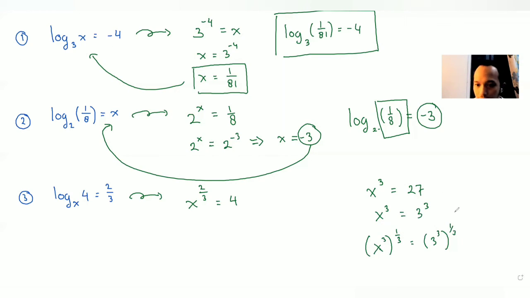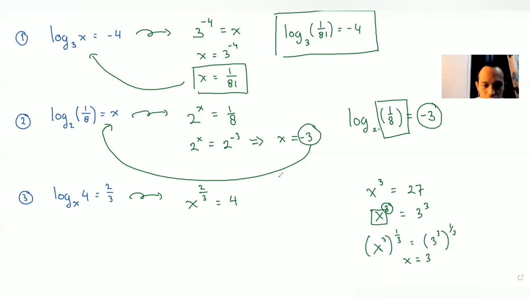In the end, I have the statement that x equals 3. So the objective is to make the exponent of x, the one we are trying to find, equal 1.